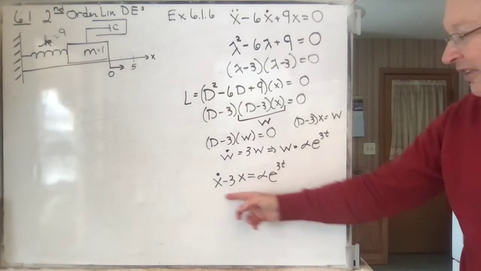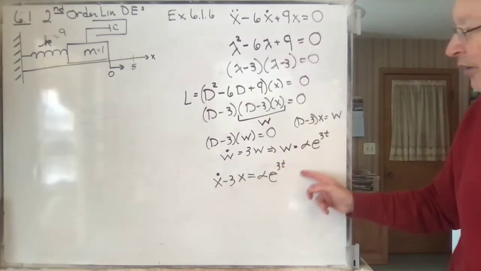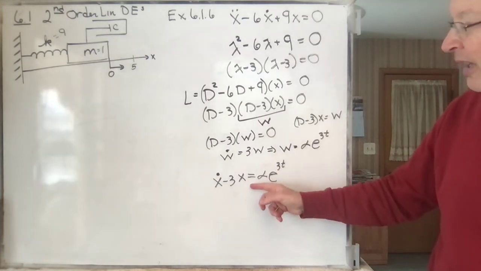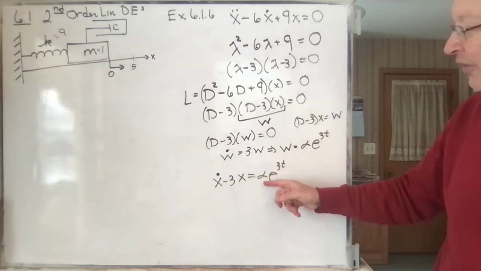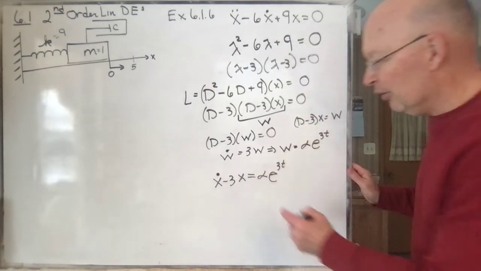Can we solve this? Yes, we can. Notice this is a first order linear DE. We learned how to do that several sections ago by using the formula for a first order linear, with the integrating factor.